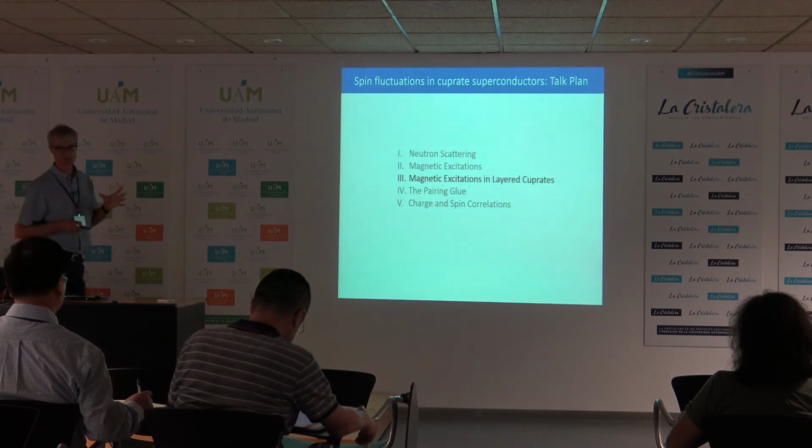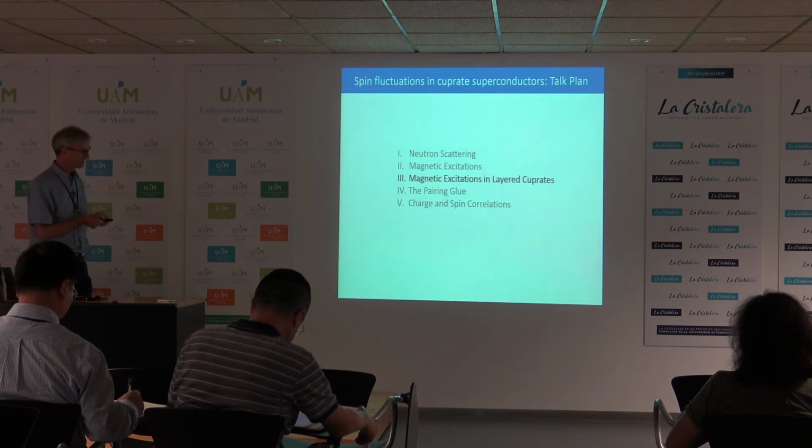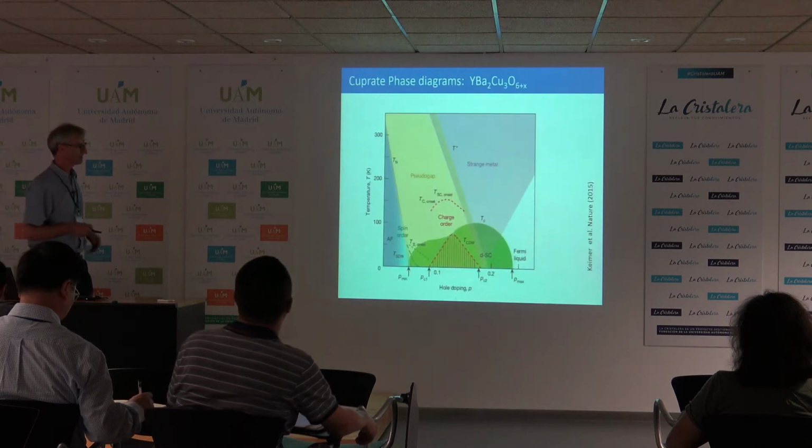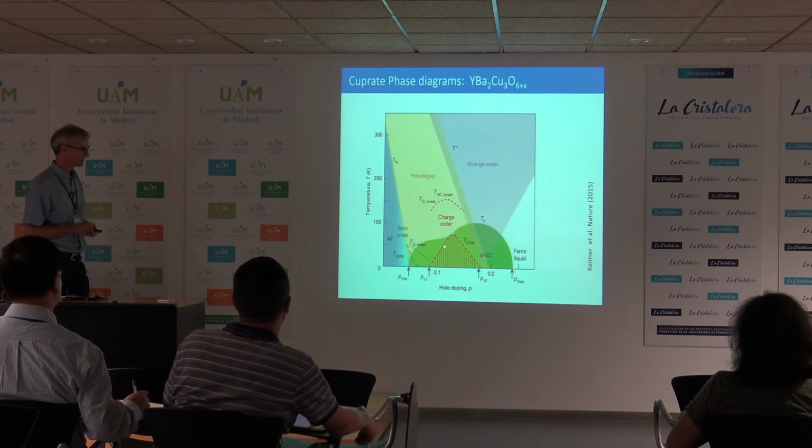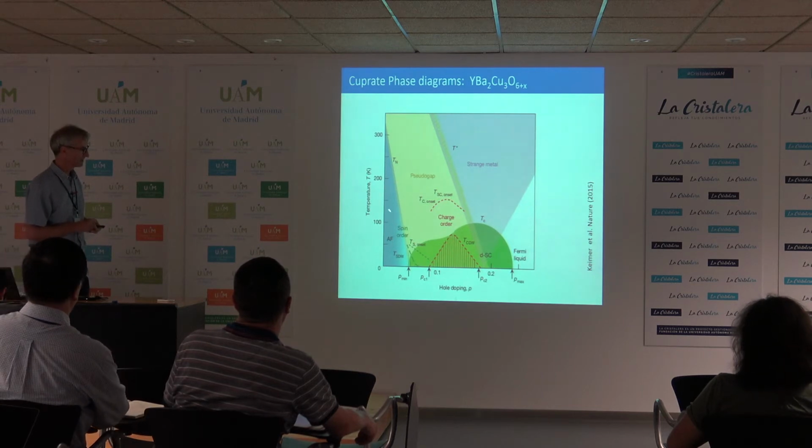So let's look at how this maps onto cuprates. This is the phase diagram that Bernhard showed in his last talk, just illustrating the IPCO. So I'll talk a bit about IPCO in a minute.